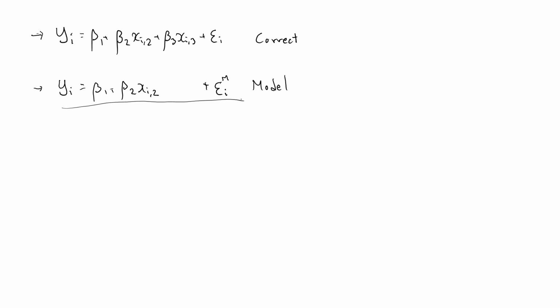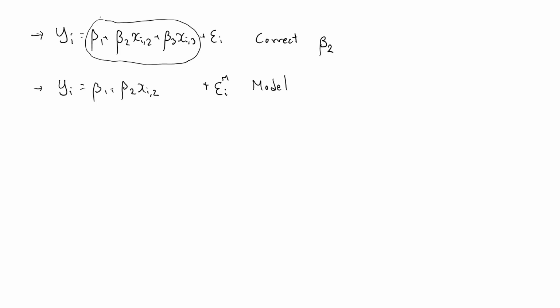So remember how we interpret the beta parameters. If we go to the correct model, the interpretation of beta 2 in the correct model is how much will this part change if I increase x2 by 1 unit. It's the derivative of this blob with respect to x2.